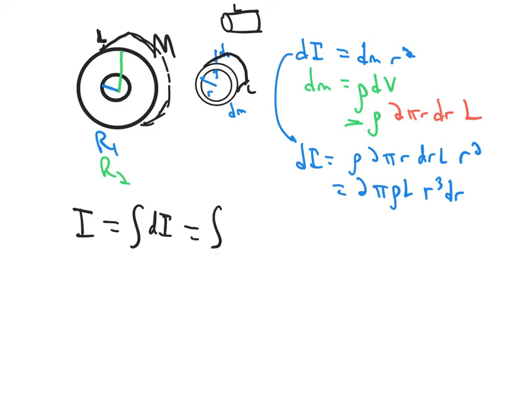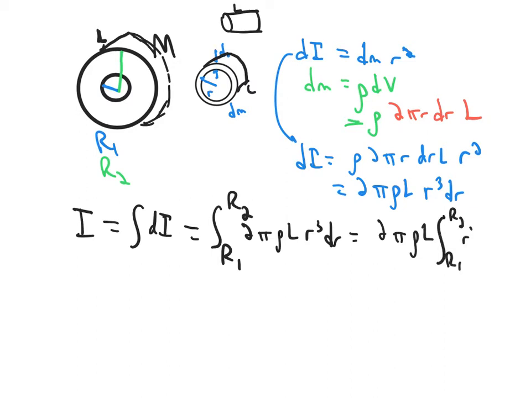So it's going to be the integral from the inner radius R1 to the outer radius R2 of 2 pi rho L r cubed dr, which is 2 pi times rho L, those are all constants that don't depend on where we are in the tube, times the integral from R1 to R2 of r cubed dr. The constants just come along for the ride, and the integral of r cubed dr is just r to the 4th over 4, from our inner radius to our outer radius.